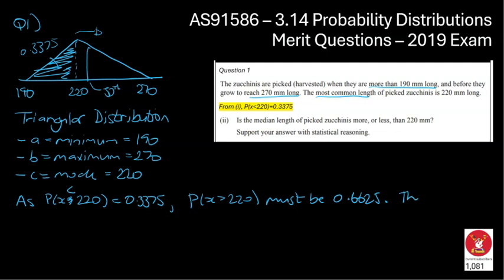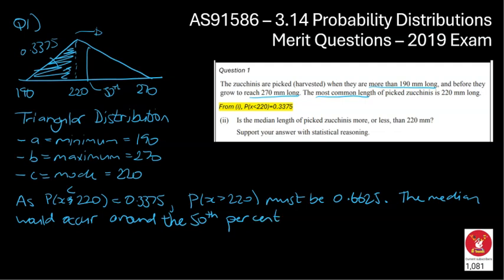The median would occur around the 50th percentile, which would be greater than 220 millimeters.